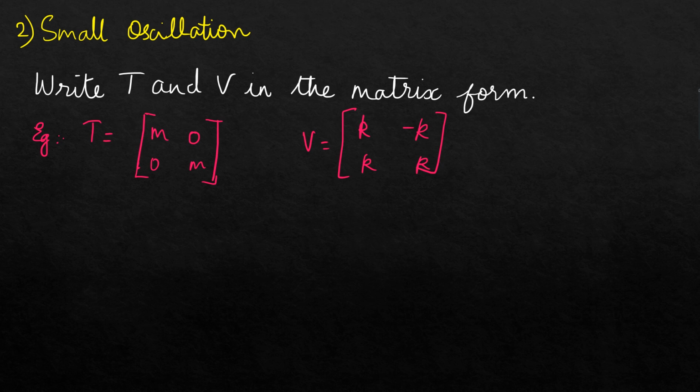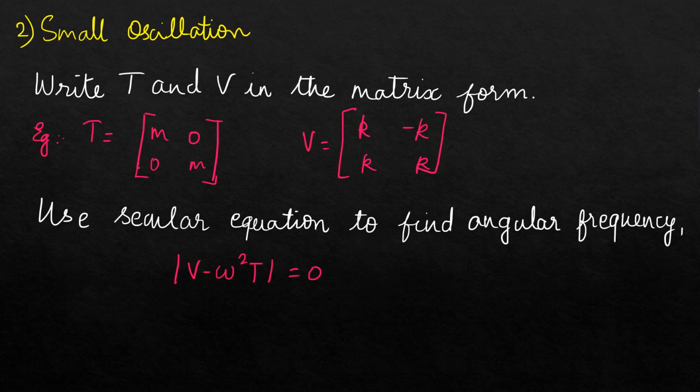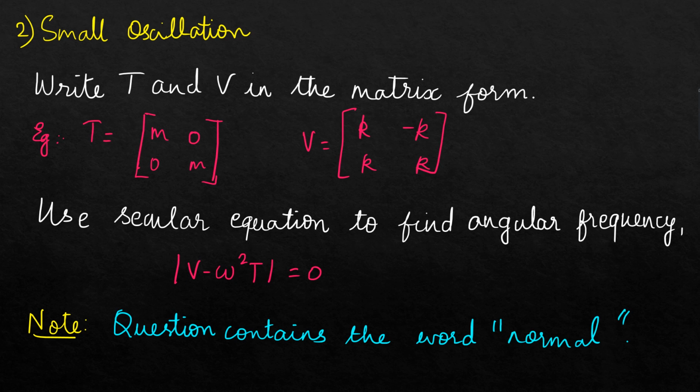So we have to get it in the exact form and then write it in the matrix. Then we use the secular equation to find the angular frequency, which is given as mod of V minus omega squared T equal to 0. You have to note that the question contains the word normal. So you'll have something like, find the normal modes of frequency, right? Whenever you have these normal modes, you have to solve using small oscillation.